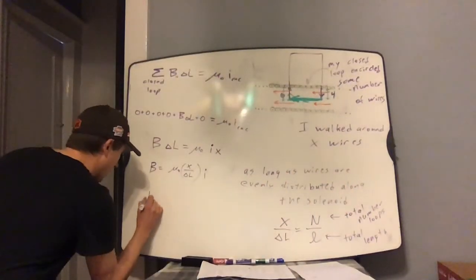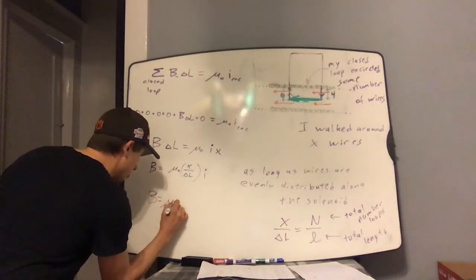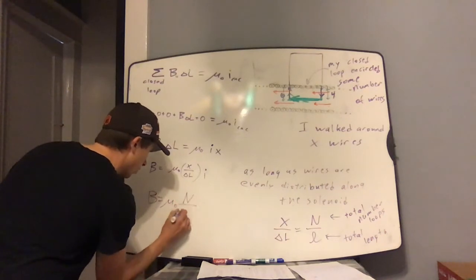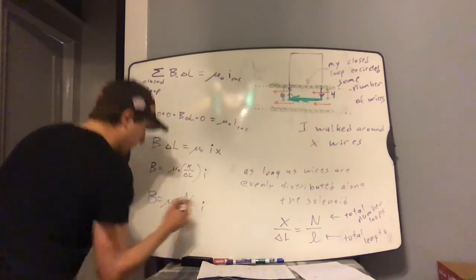So if I want, I could then write the strength of the magnetic field as B is equal to mu naught capital N over L times I.